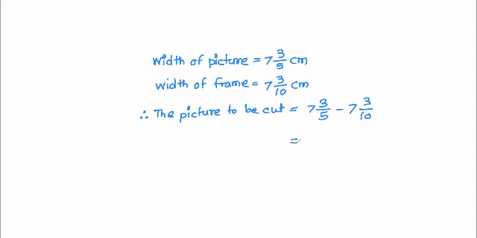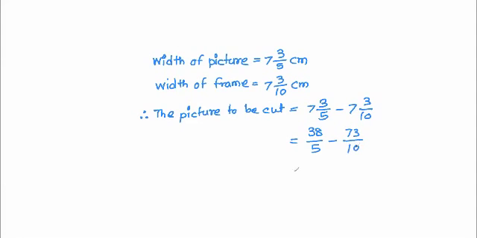So that is equal to, now we'll convert it into improper fraction. So 7 5s are 35 plus 3. We always go from down to up. So here multiplication, here addition. So 5 7s are 35 plus 3, 38. 38 upon 5 minus 10 into 7 is 70 plus 3, 73 upon 10.